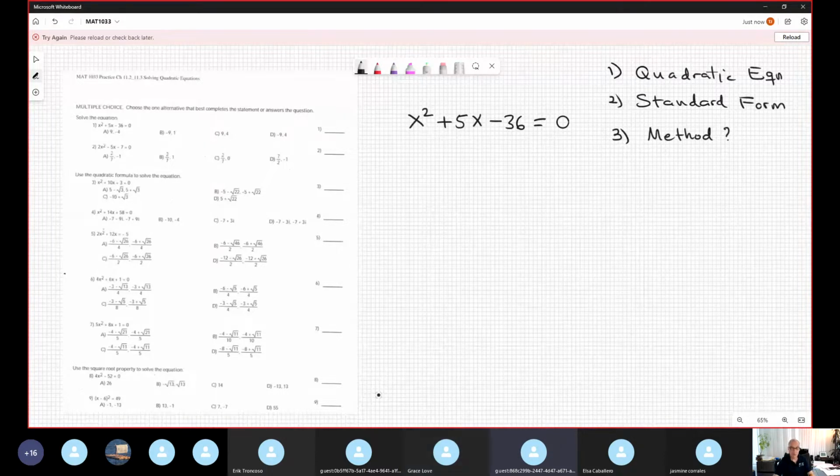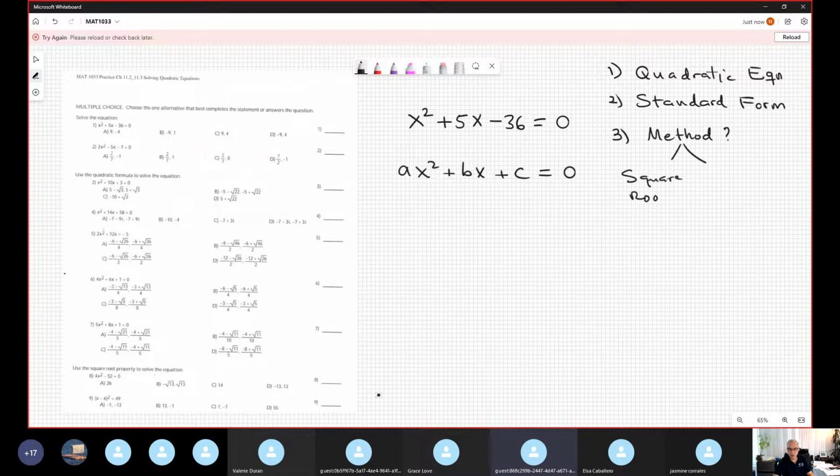One method is square root, another method is the quadratic formula, and another method is factorization.